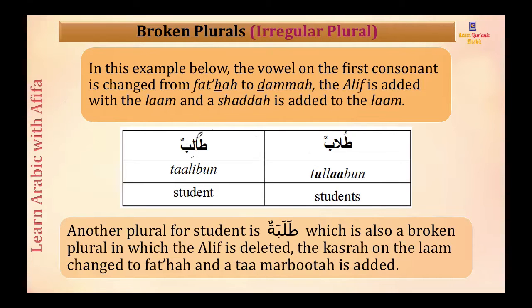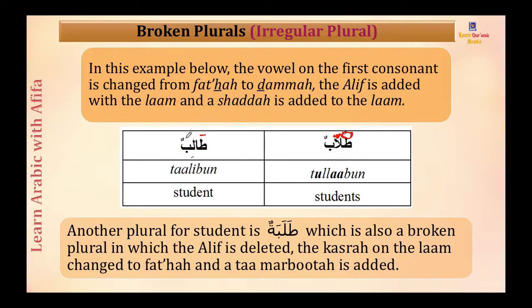Similarly, over here, let's begin by observing some changes. For example, here the word has a fatha, talibun. But let's observe the changes that happen. First of all, this fatha is now a dhamma. So it's tulab. We also observe the double sounding on the lam. There are two lams. Here there was one lam, and now there are two lams.